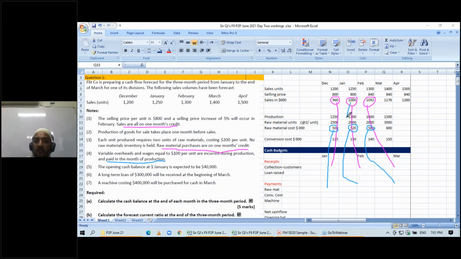So the January conversion cost will be paid in January only, right? Then, okay, first let me put in the sales and material cost. Then we will move on to the conversion cost item. So conversion cost is simpler. In the same month it occurs, so we won't have much problem.